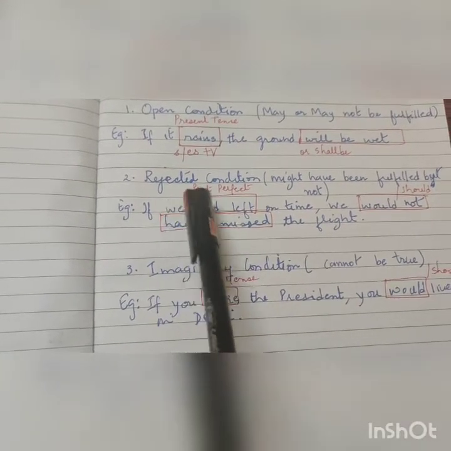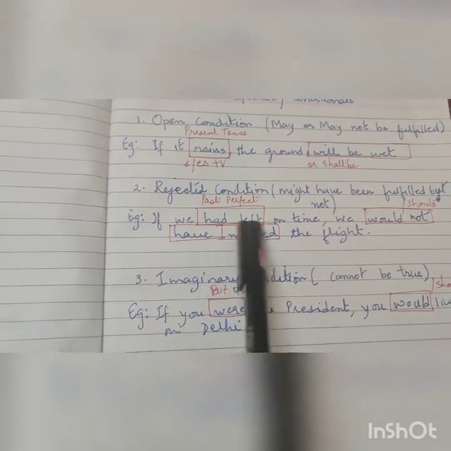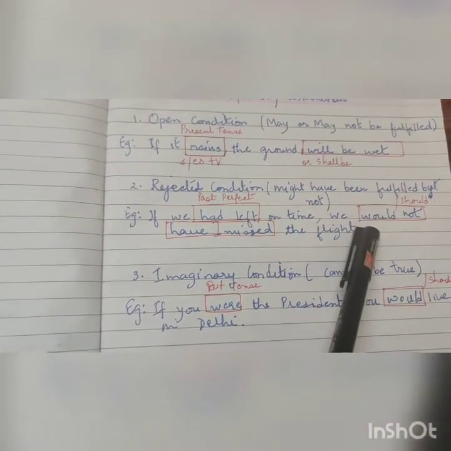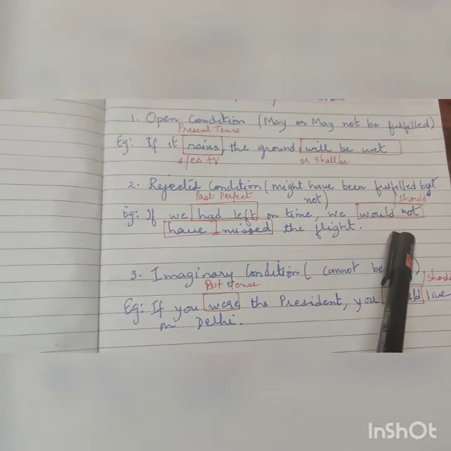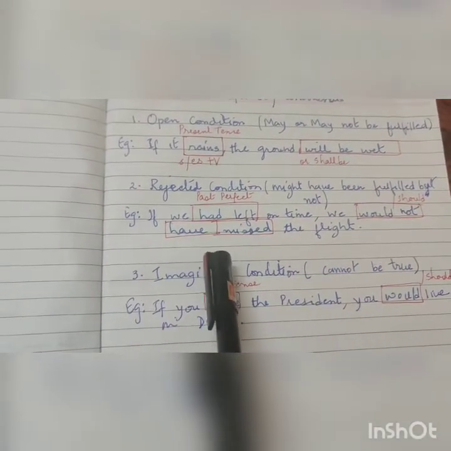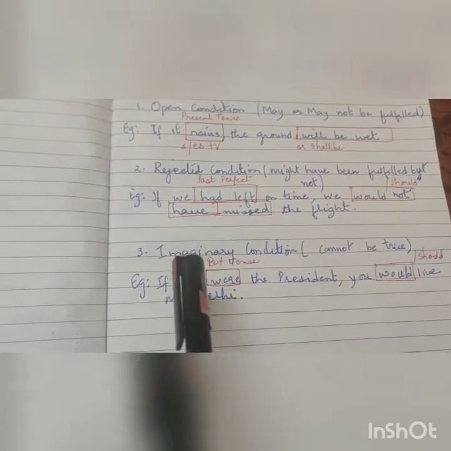So when you do a rejected condition, just make sure that if it is past perfect here, here it will be would or should, and if it is would or should here, it will be past perfect in the sentence.